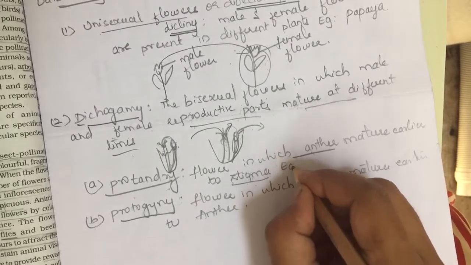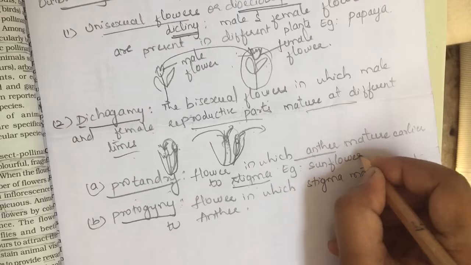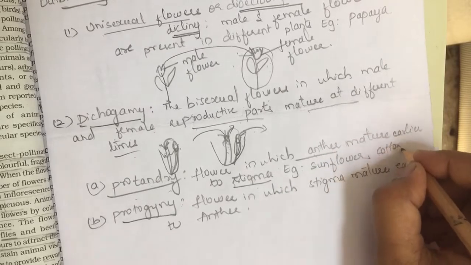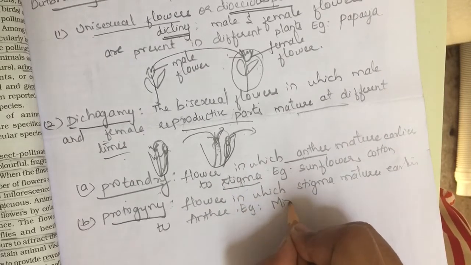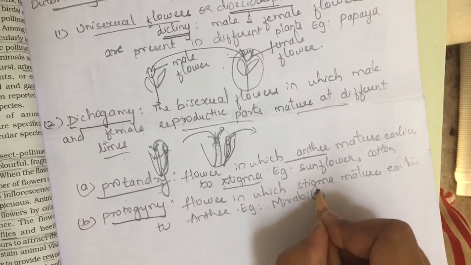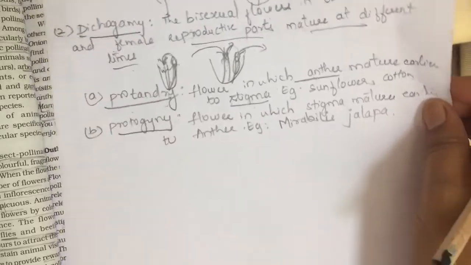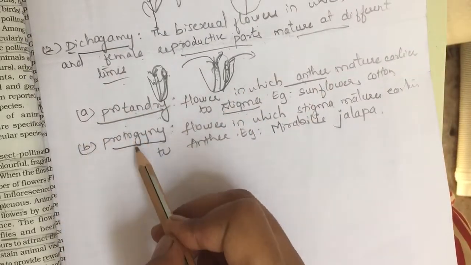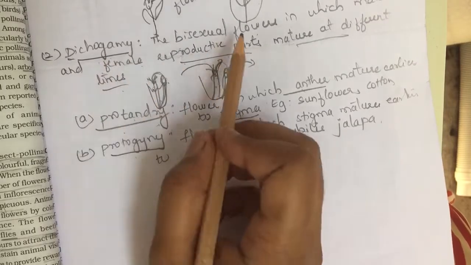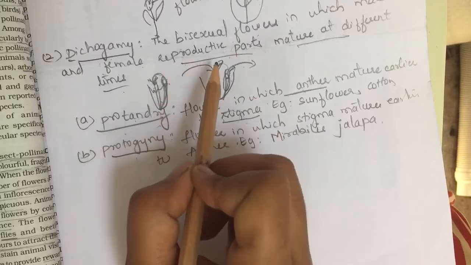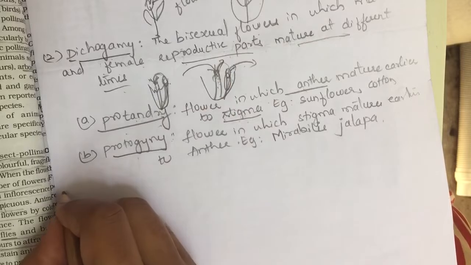Examples for protandry are sunflower and cotton, whereas an example for protogyny is Mirabilis jalapa. Okay, this is about dichogamy with protandry and protogyny. In an easy way, we can say that the reproductive parts are not synchronized, which helps cross pollination.